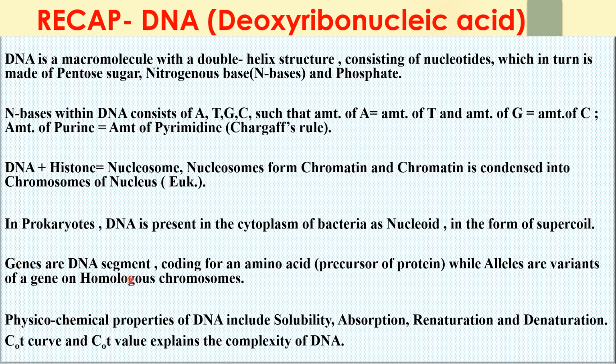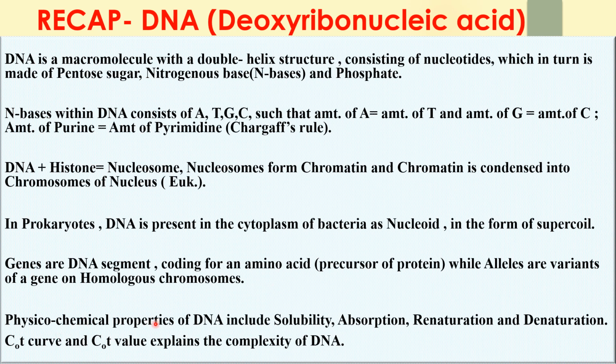Genes are DNA segments coding for an amino acid, the precursor of protein, while alleles are variants of a gene on homologous chromosomes. We have 46 chromosomes, that is 23 pairs of homologous chromosomes.